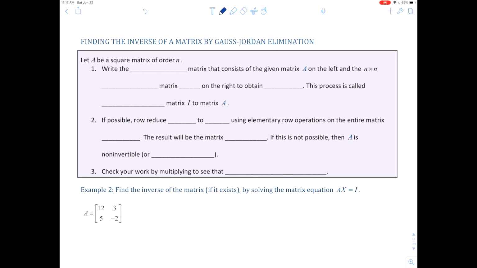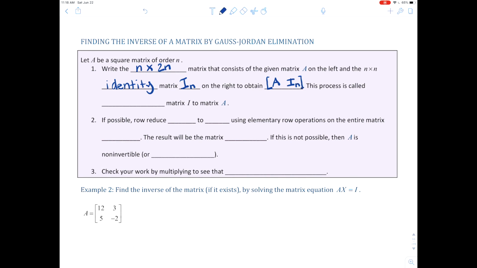So let A be a square matrix of order n. Write the n by 2n matrix that consists of the given matrix A on the left and the n by n identity matrix I_n on the right to obtain this matrix [A | I_n].